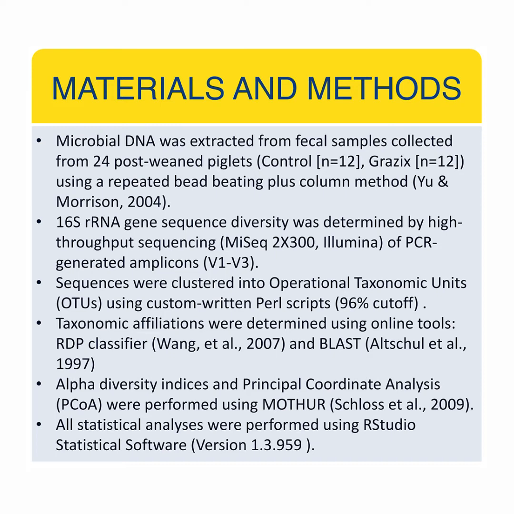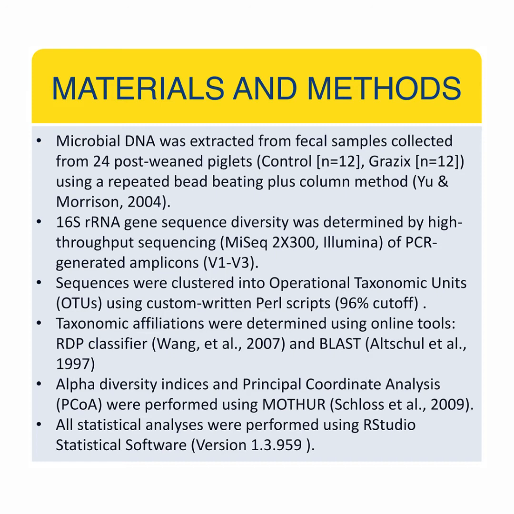Now, after we did PCR, we performed sequence analysis. We sent these sequences to a sequencing facility, and then we started analyzing them using different bioinformatic tools. One of the processes that we followed after getting the sequences was clustering into operational taxonomic units.